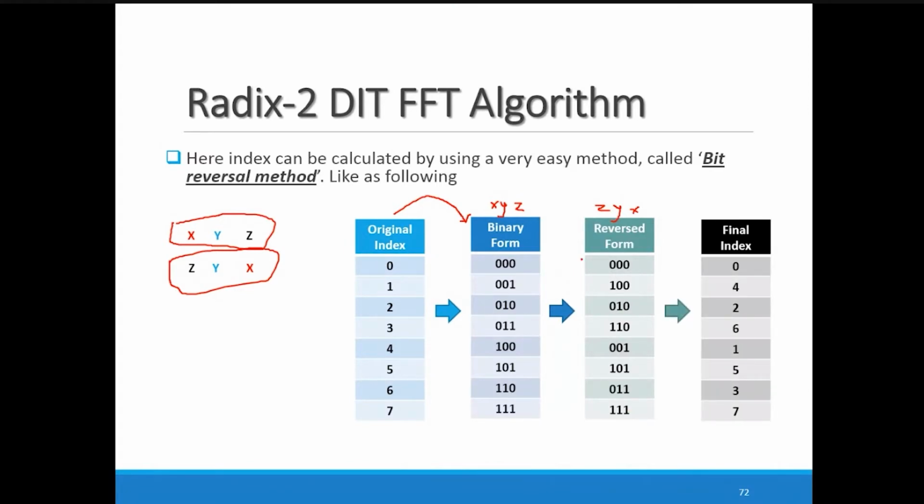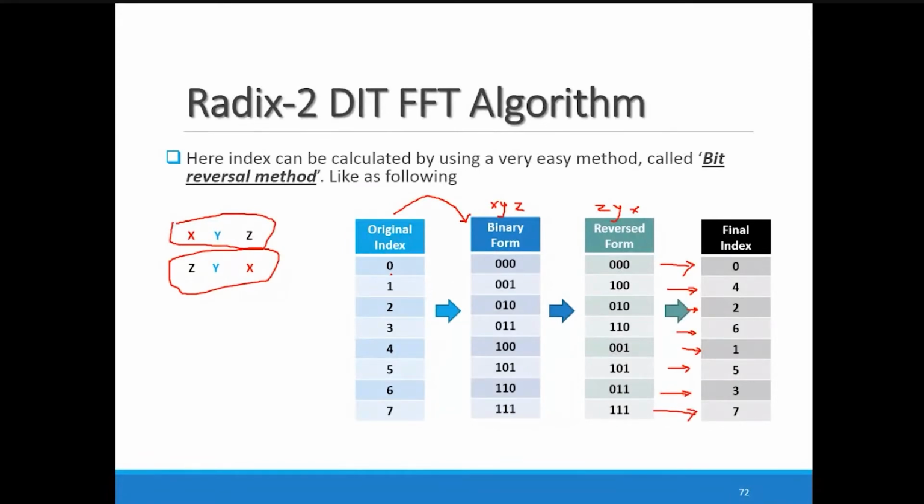Now we represent this final index. 0, 0, 0 in binary represents 0, 1, 0, 0 is nothing but 4, 0, 1, 0 represents 2, 1, 1, 0 is 6, 0, 0, 1 is 1, 1, 0, 1 is 5, 0, 1, 1 is 3, and 1, 1, 1 represents 7.